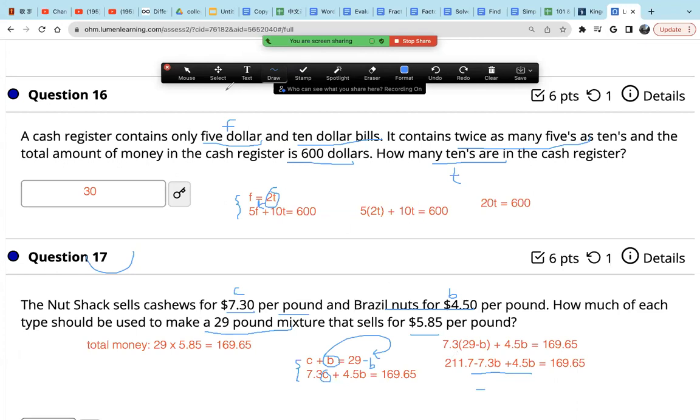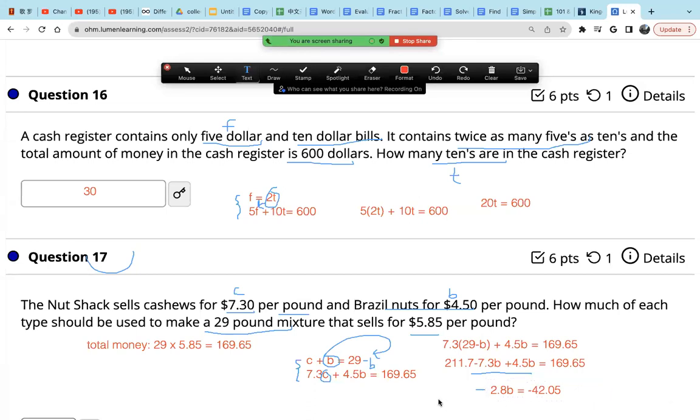So negative 2.8B equals 169.65 minus 211.7. So we get negative 42.05.